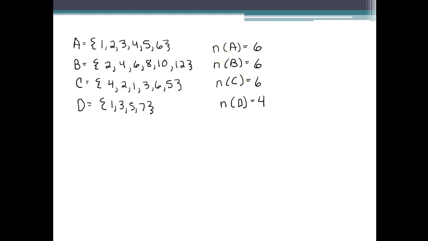Now if they have the same cardinal number, then we can say they are equivalent. Sets A, B, and C are equivalent to each other. They have the same cardinal number.